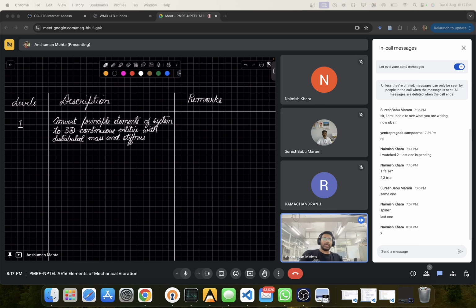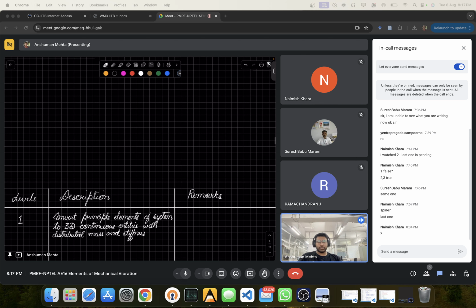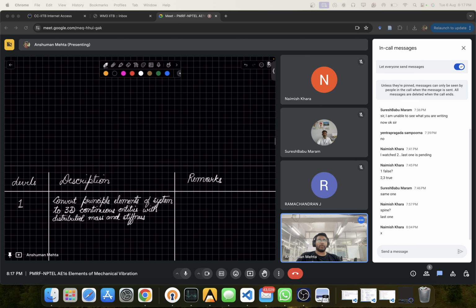So there are many elements of distributed mass and stiffness, such as beams, then axial bar, torsion bar, and shaft for torsion.